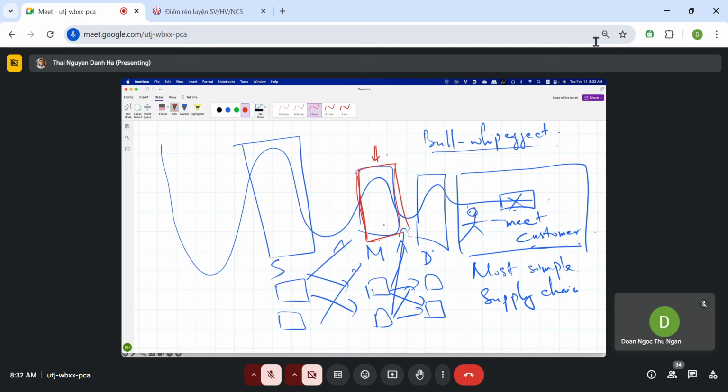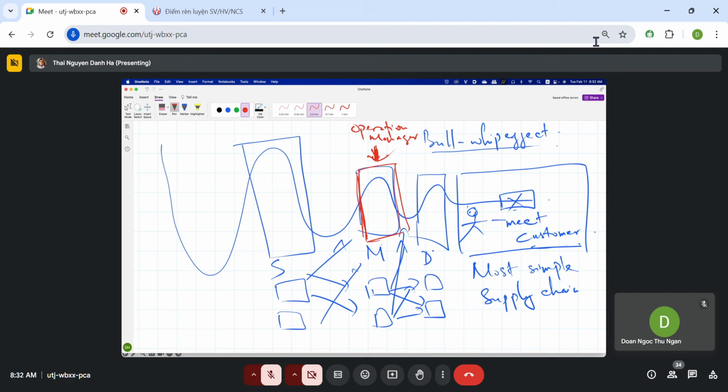As I mentioned in the first slide, we focus on the operation manager role.